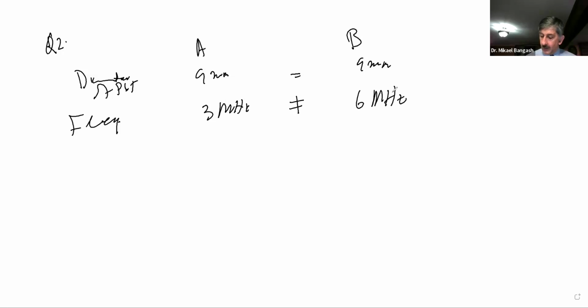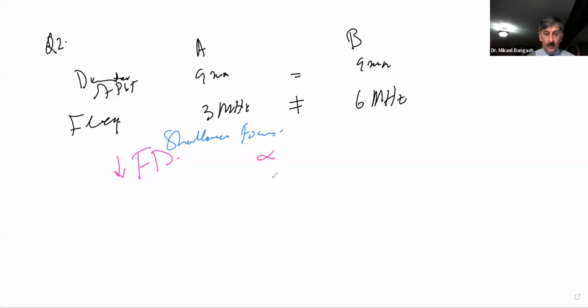Clear? Now again, which beam has the shallower focus? Shallower focus may mean lesser focal depth or focal length.